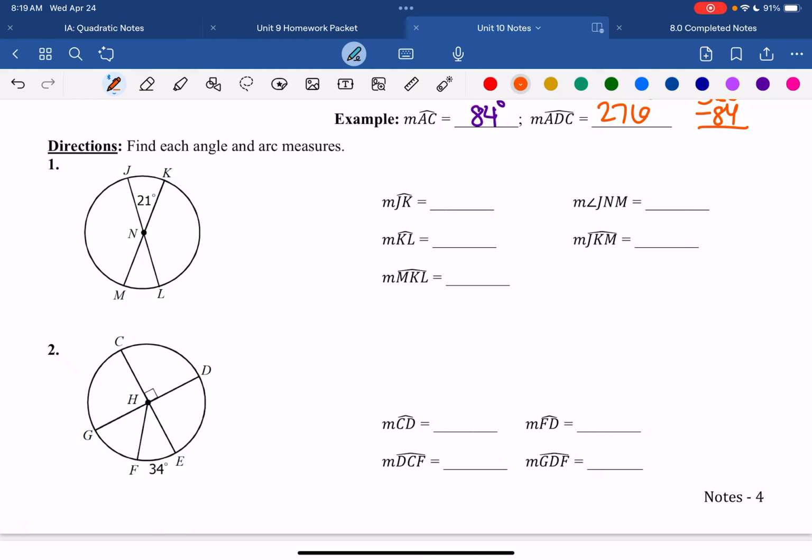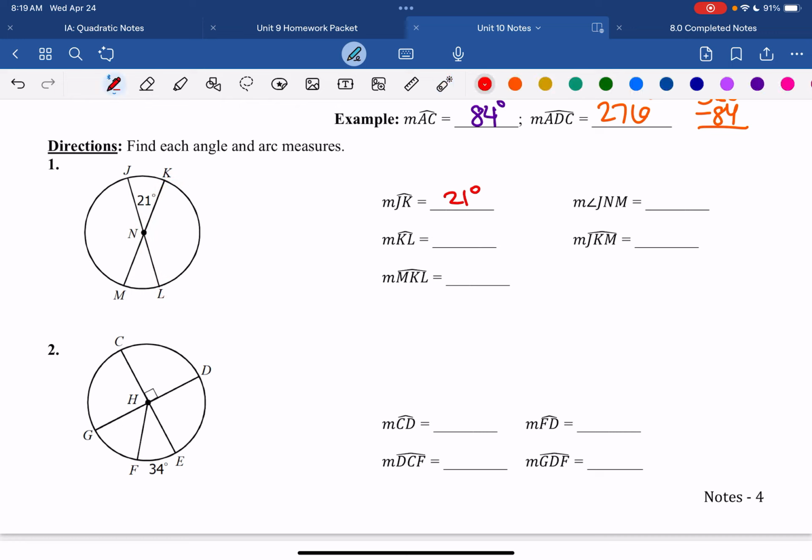So number 1, find each angle and arc measures. So arc JK, that's right here, it's going to be equal to this angle. So 21 degrees. KL, that's going to be this arc.